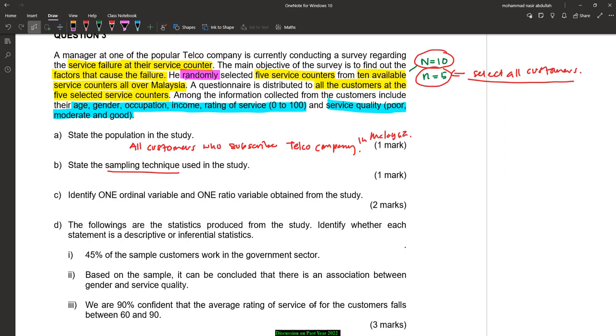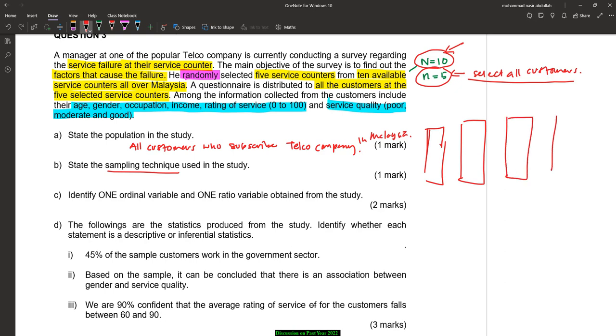So you need to revise back your knowledge in chapter 1, right? This one is not simple random sampling. Very clear, right? Very clear dia state dekat sini. Dia kata first dia ada 10 branch. Dalam 10 branch tu ada ramai customer.